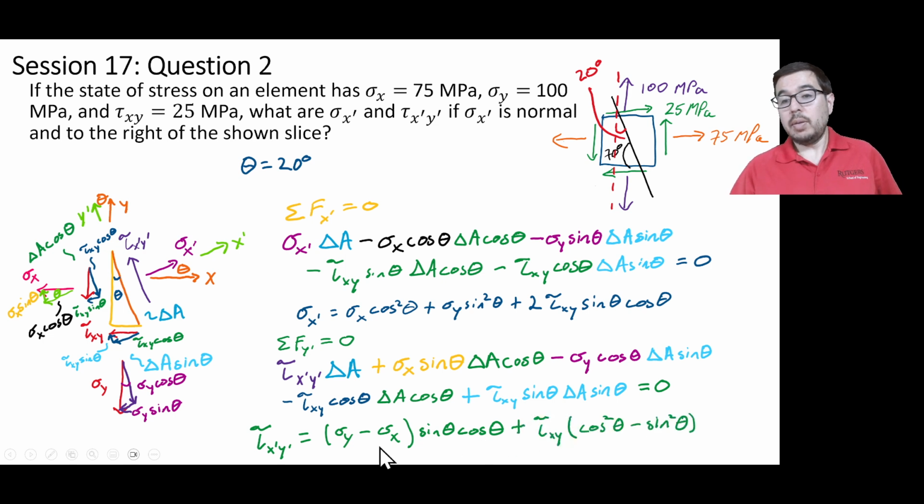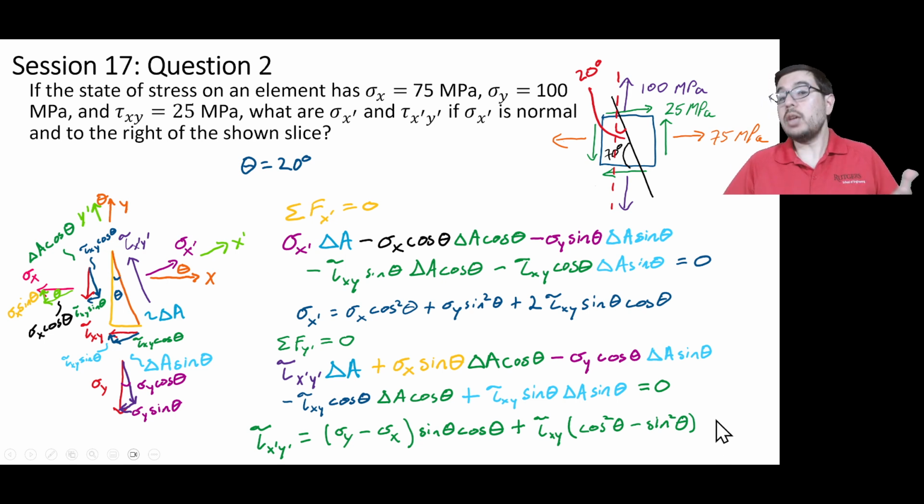Rearranging things, we have tau x prime y prime equal to this sigma y minus the sigma x, in parentheses, times sine theta cosine theta. And then we have our tau xy times cosine theta squared minus sine theta squared, like this.